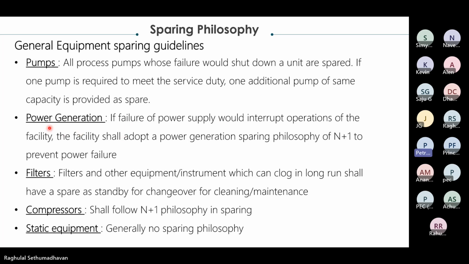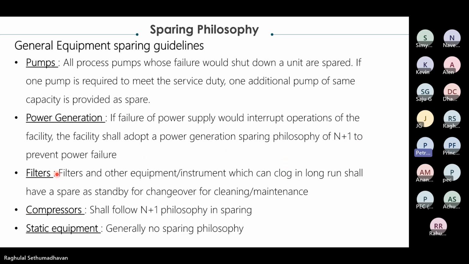Same is the case for power generation. If there is a failure of power supply envisaged for interruption-free operation, we will require sparing of the power generation system, whether it be EG or diesel generator. N+1 is to prevent power damage.